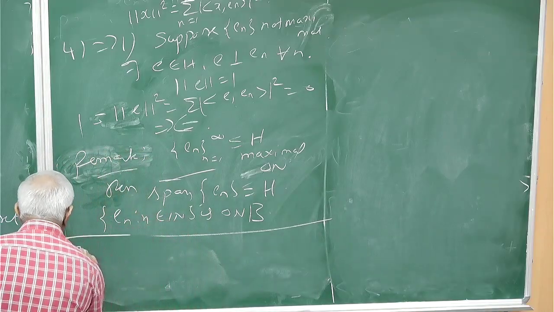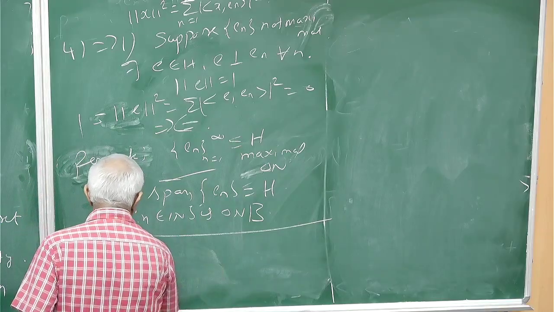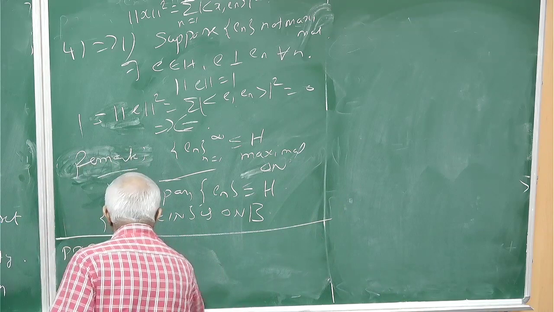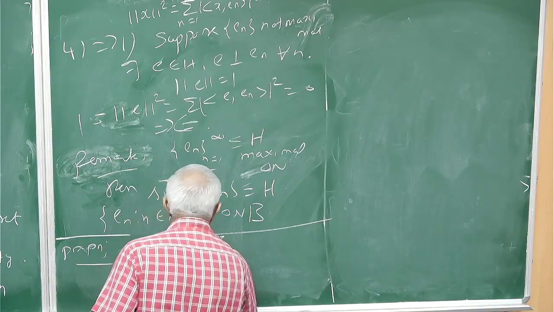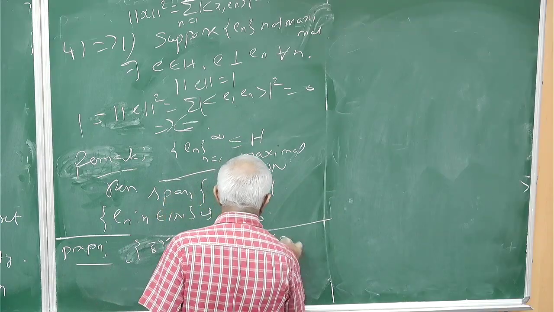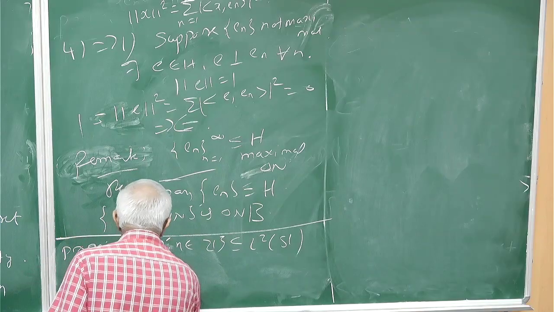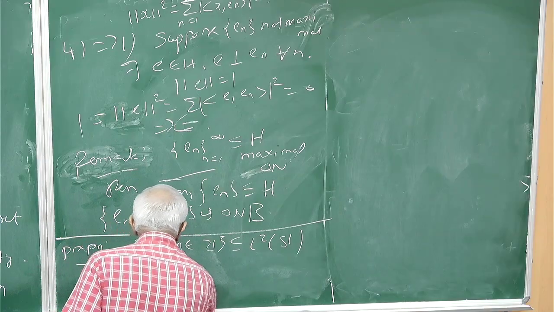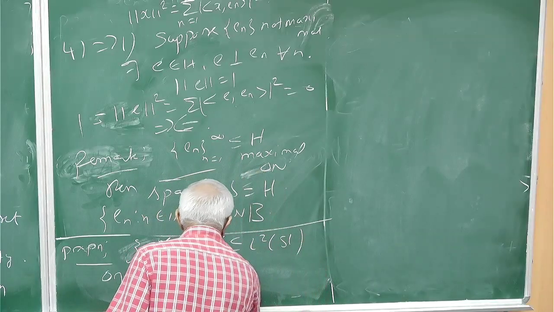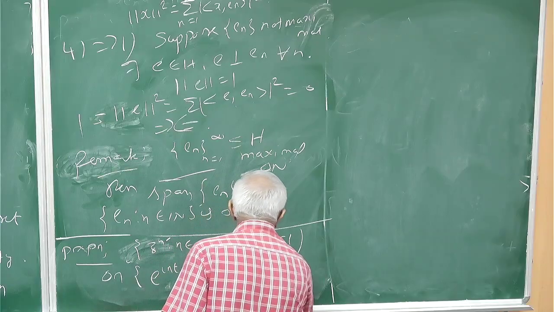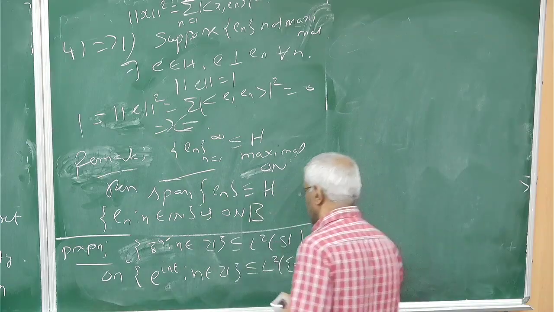Okay, let's take L2 itself. L2 of S1, z to the power n, n in Z, contained in L2 of S1, or e to the int, that is f of t equal to e to the int, n in Z, contained in L2 of 0 to 2 pi, is an orthonormal basis.